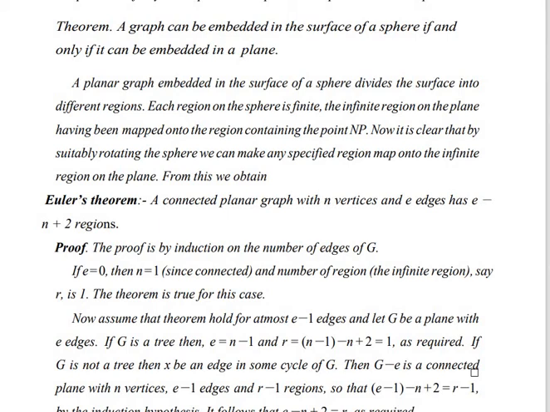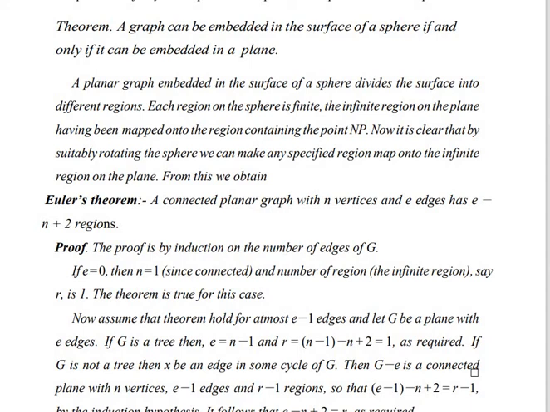The theorem is true for this case, because substituting e equal to 0, n equal to 1 and R equal to 1 in e minus n plus 2, you get 0 minus 1 plus 2, which is equal to 1, the number of regions present. So if e equal to 0 and n equal to 1, the theorem holds.